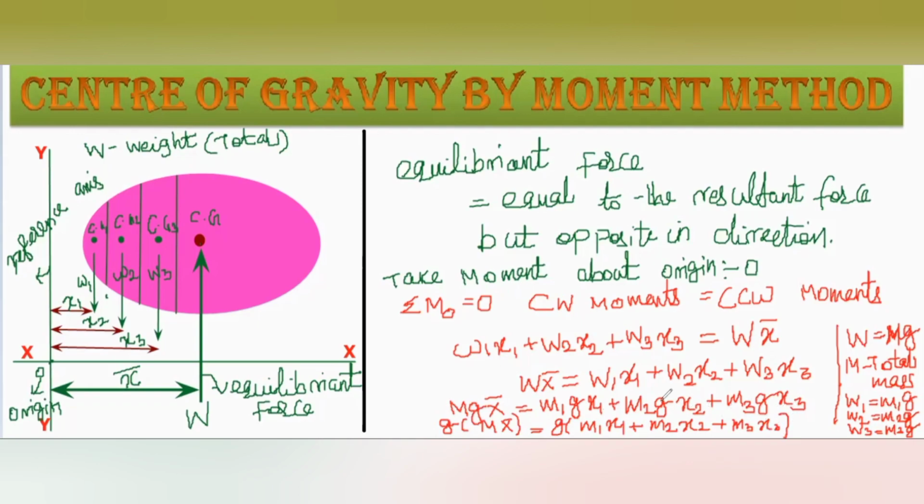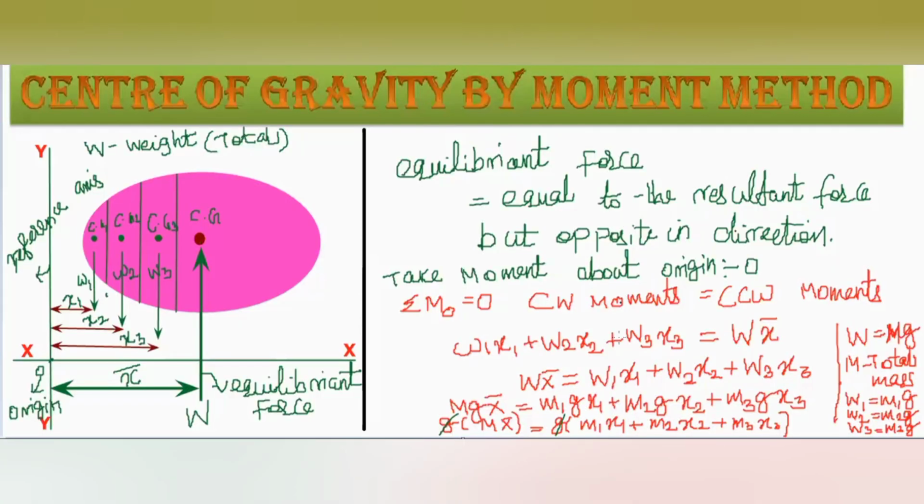So here you can see this side also g is there, this side also g is there commonly, that can be eliminated. So this will be the remaining thing, and further simplifying, by calculation we are going to get M, the total mass, into X bar equals m1 X1 plus m2 X2 plus m3 X3.